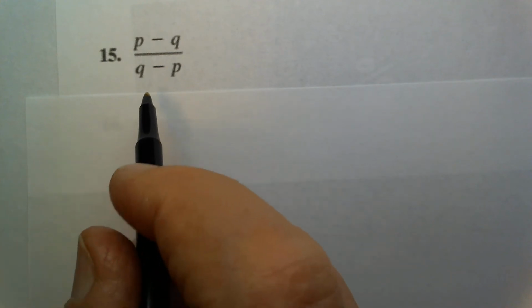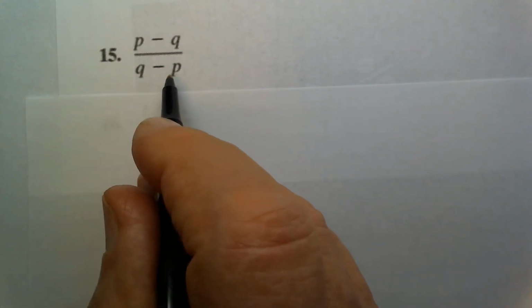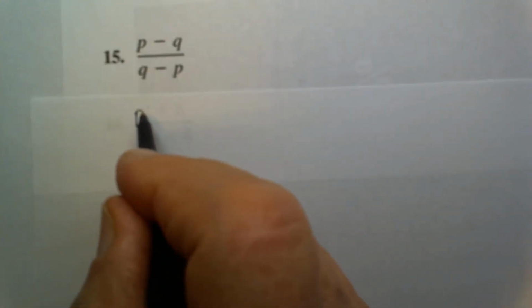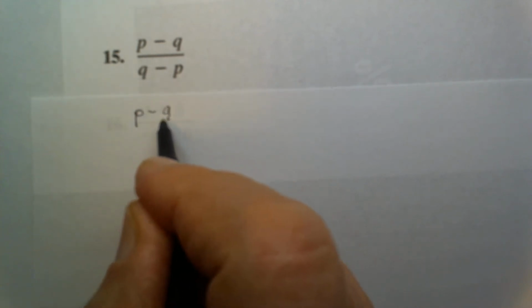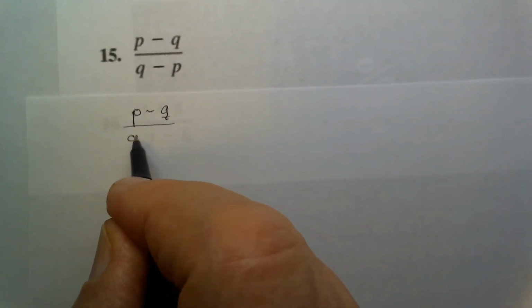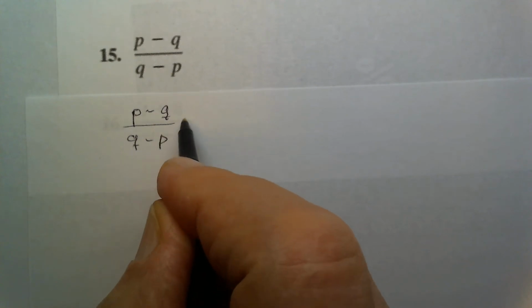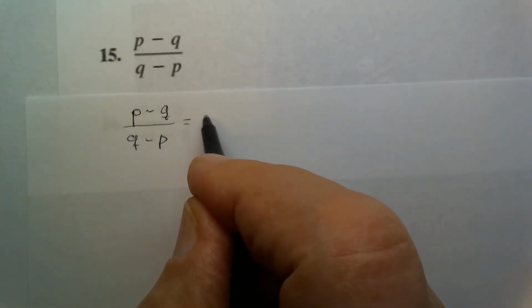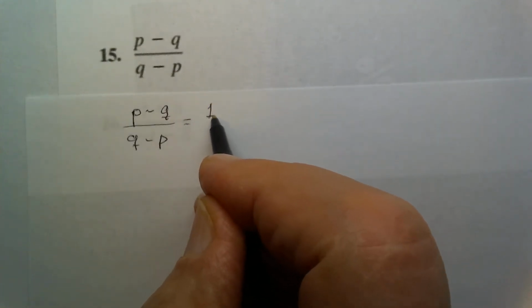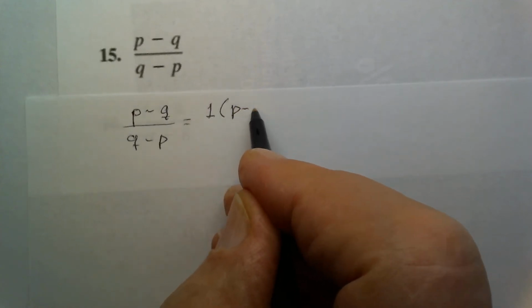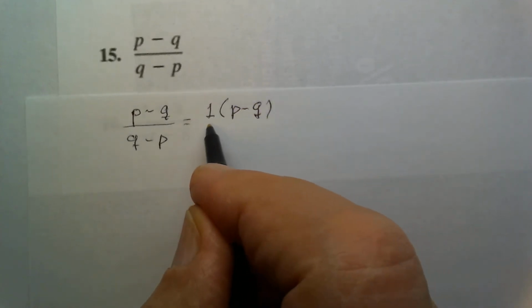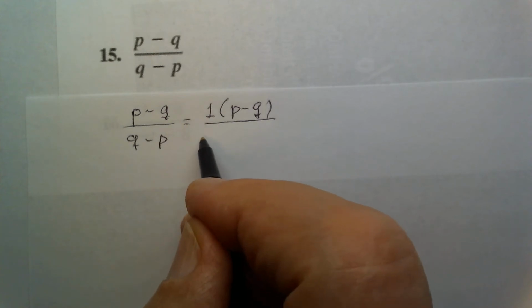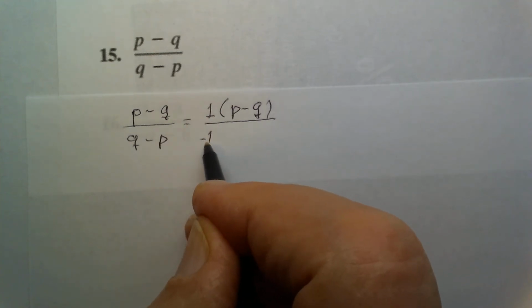Let's do number 15. So p minus q divided by q minus p. In the numerator, we can write it as 1 times p minus q, just factor out a 1. In the denominator, we factor out a minus 1.